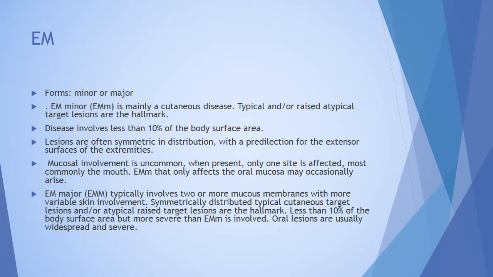Typical cutaneous target lesions and or atypical raised target lesions are the hallmark. Less than 10% of the body surface area, but more severe than erythema multiforme minor, is involved. Oral lesions are usually widespread and severe.